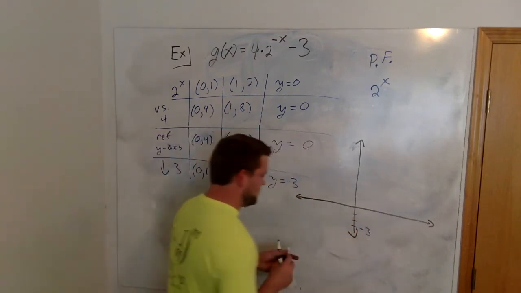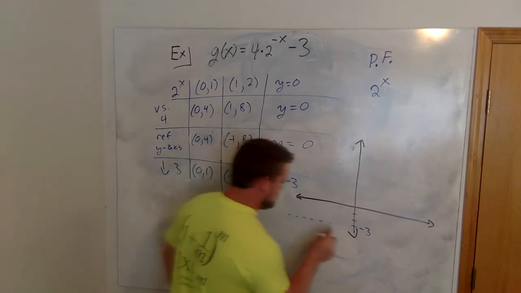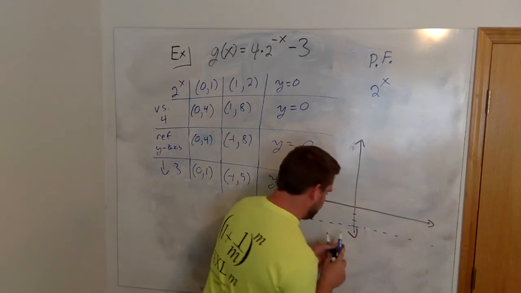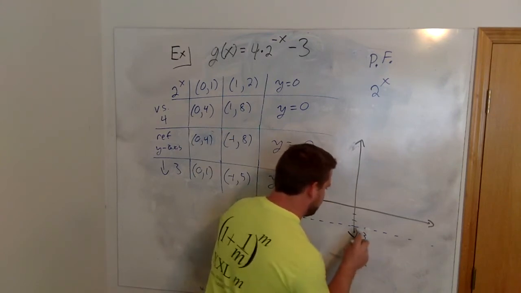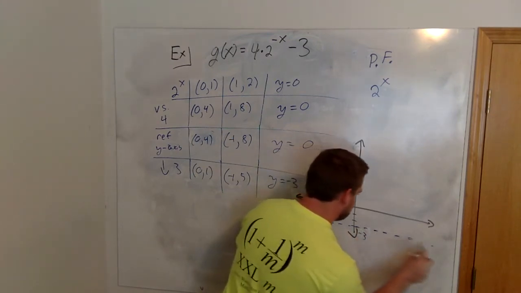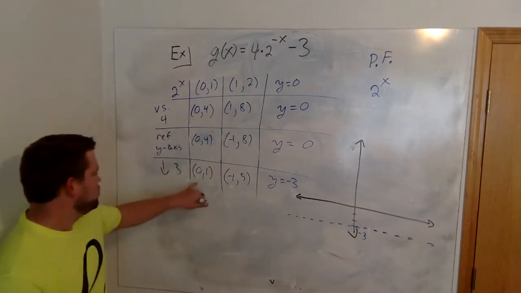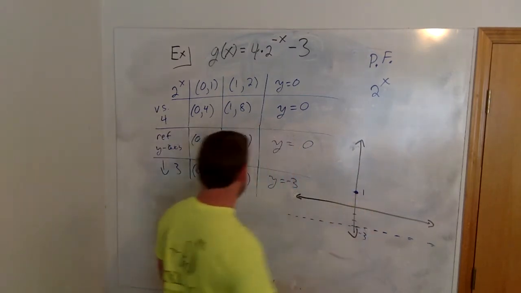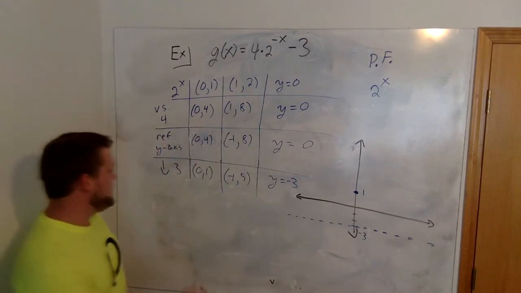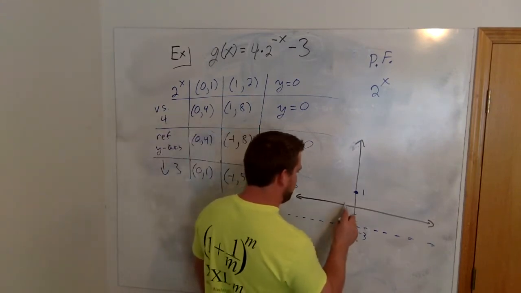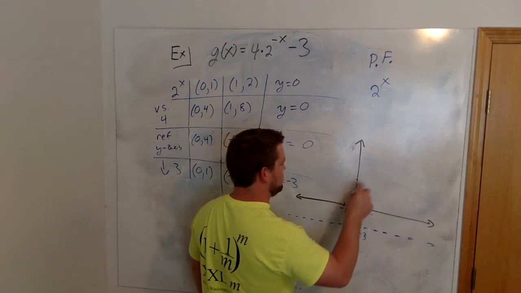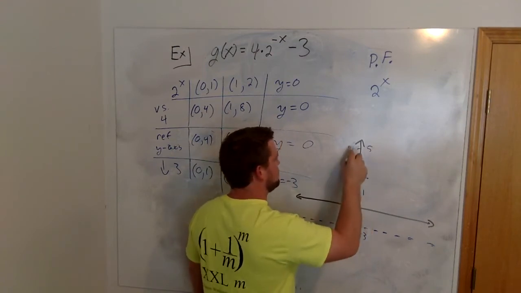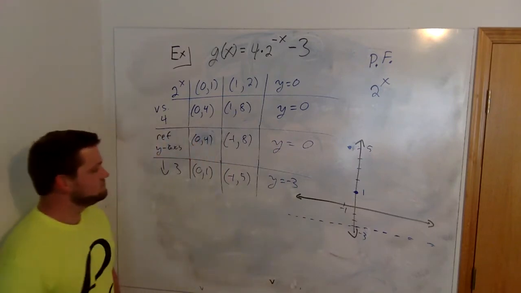I'll write a negative 3 right here, and here's our horizontal asymptote. We have the point 0 and 1, so 0, 1 is on the graph. We also have the point negative 1 and 5. If I go back negative 1, I need to go up 5: 1, 2, 3, 4, 5. So negative 1, 5 is on the graph.